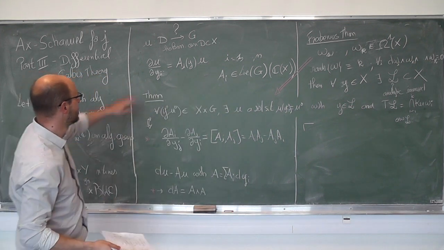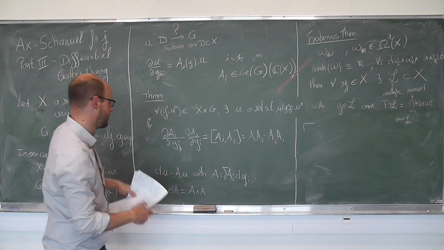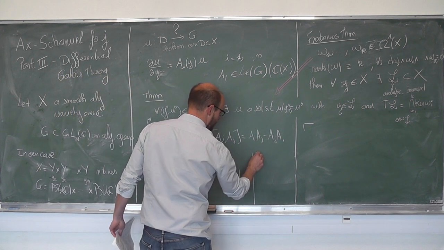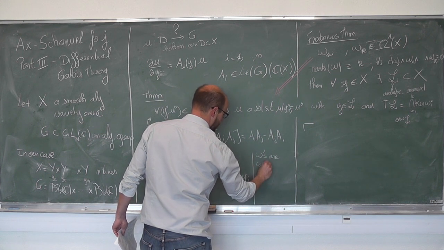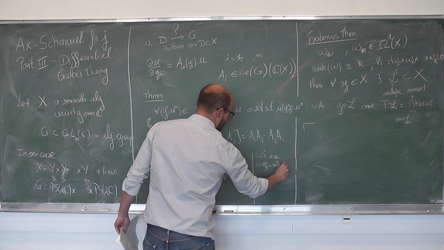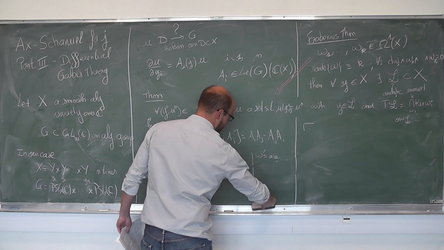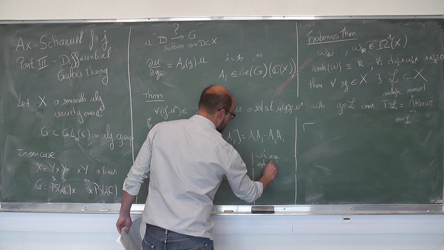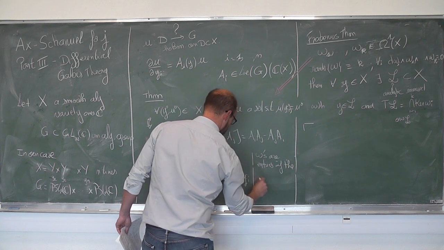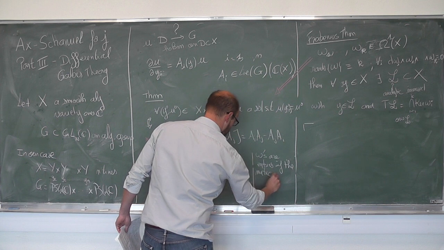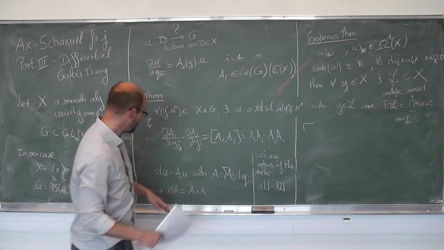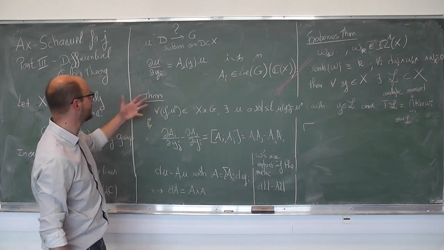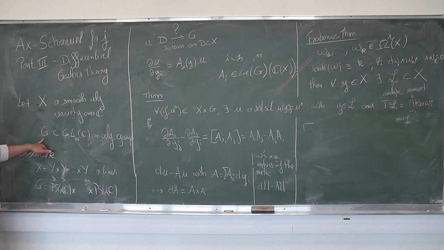The omegas here are the entries of the matrix dU minus AU, where the U are just the canonical coordinate functions on G associated to this embedding.